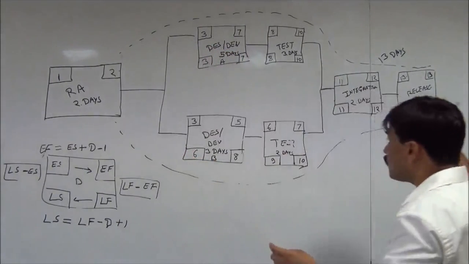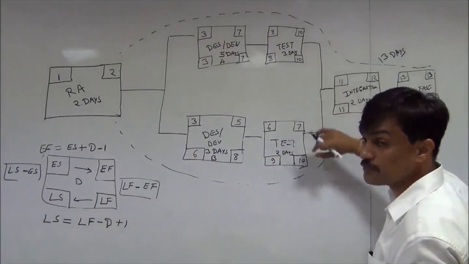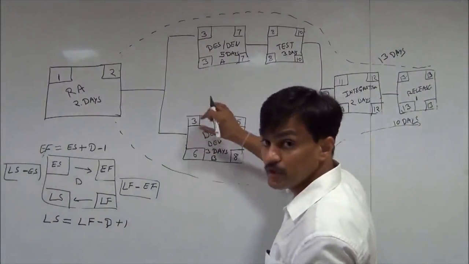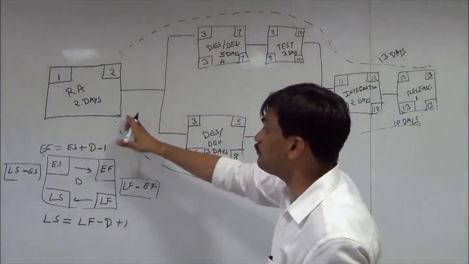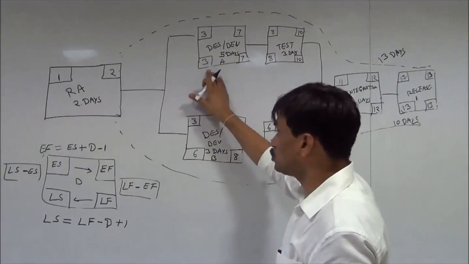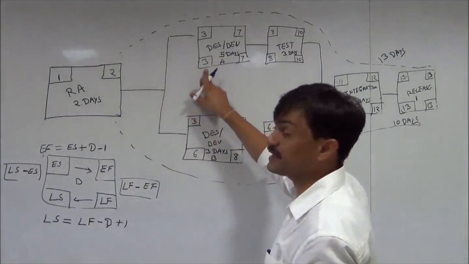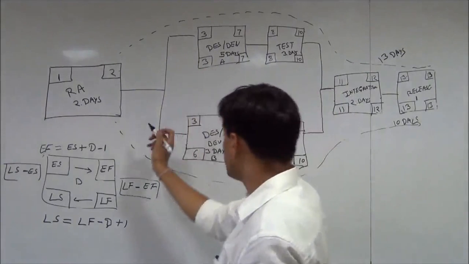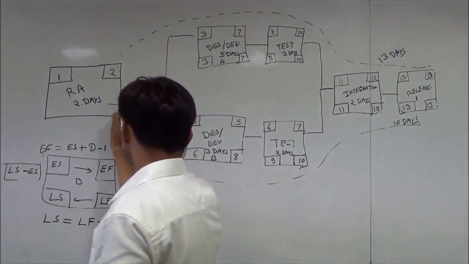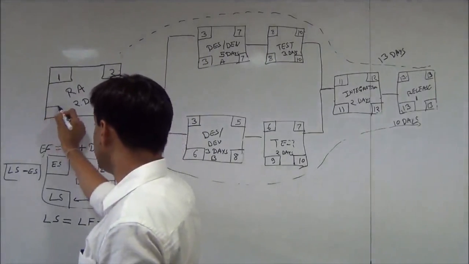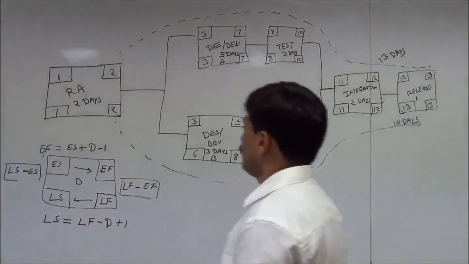So when we were going forward, we were taking maximum when there were path convergences. When we are going backward, we need to take minimum, because the latest this can finish by to satisfy this activity. So this activity must finish by day 2, then only I can start this on day 3. So minimum of these two will drive the late finish of activity requirement analysis.